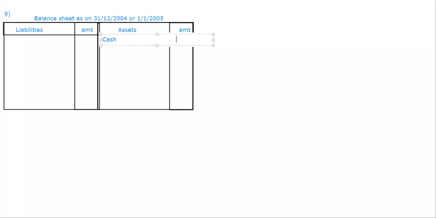So opening cash balance is 352 and bank balance is 2738, and then fixed deposit, FDs, how much percentage? 7% in bank is 3000. This is it.